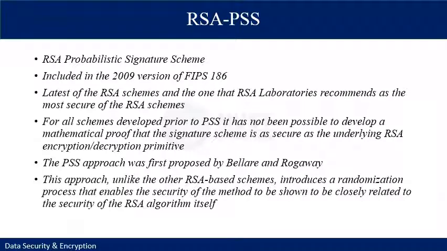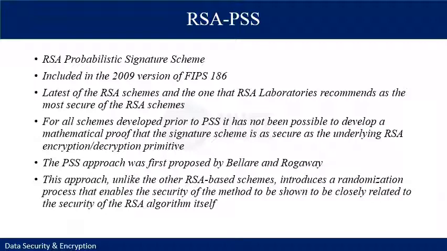So another algorithm is the RSA probabilistic signature scheme, which was included in the 2009 version of FIPS 186. It is the latest of the RSA schemes, and one that RSA Laboratories recommends as the most secure RSA scheme.